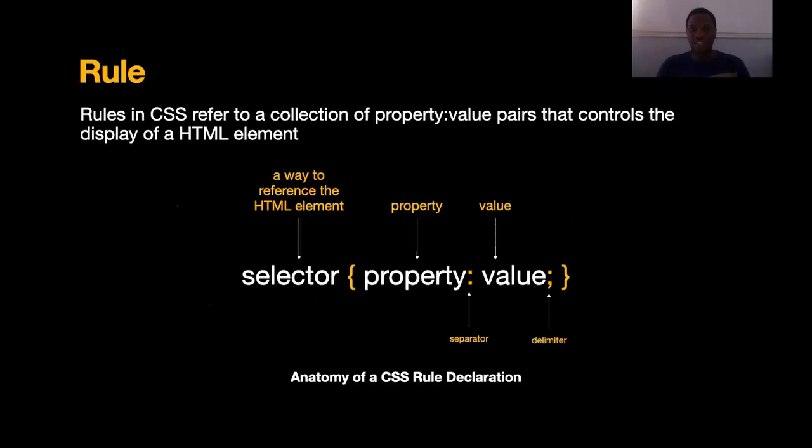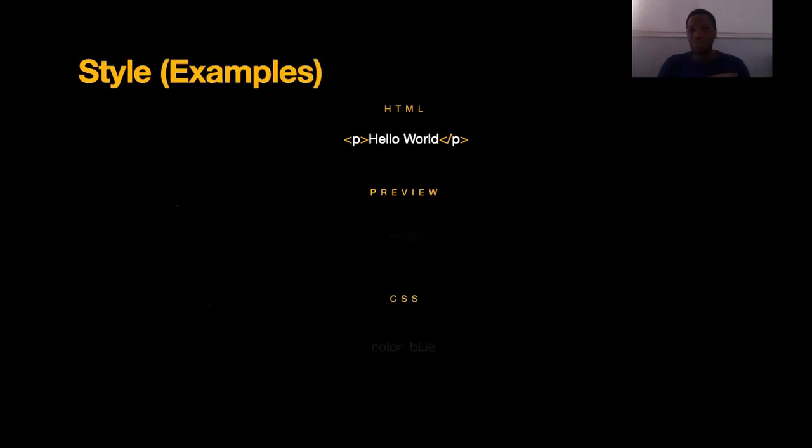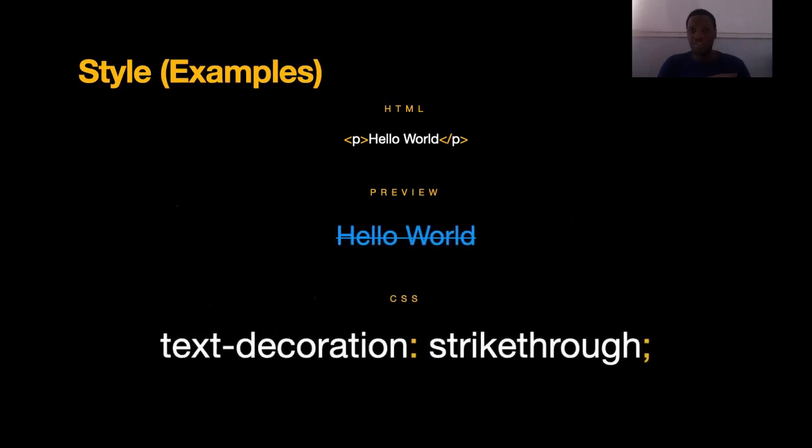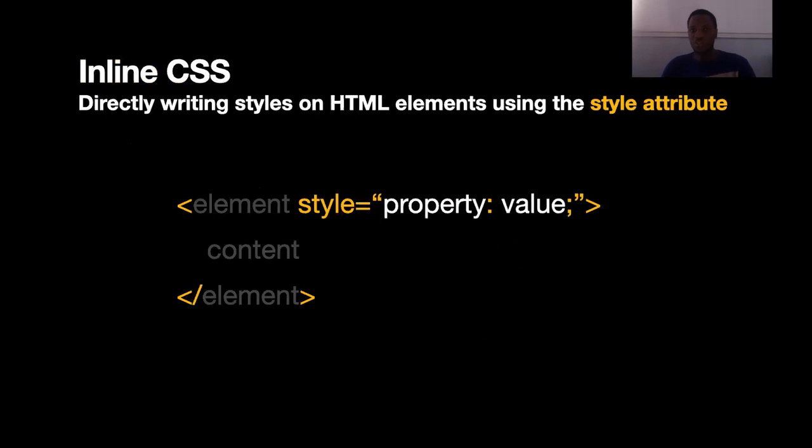So we can see that here. When I talk about a CSS rule, I'm talking about selector, curly braces with styles inside. So that's the easiest way to get that.